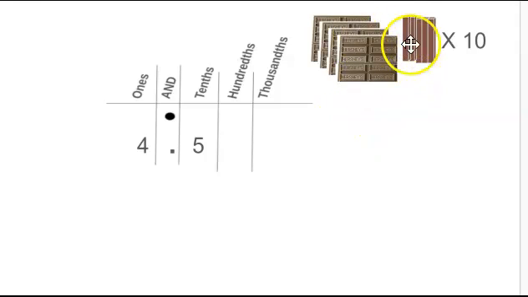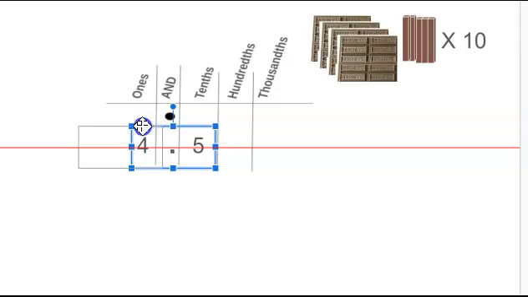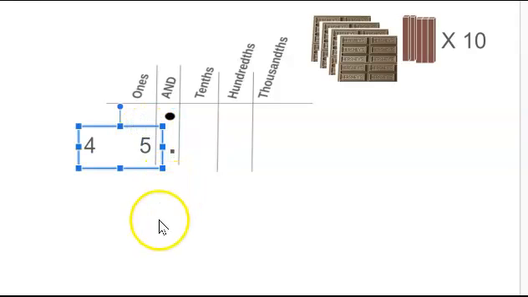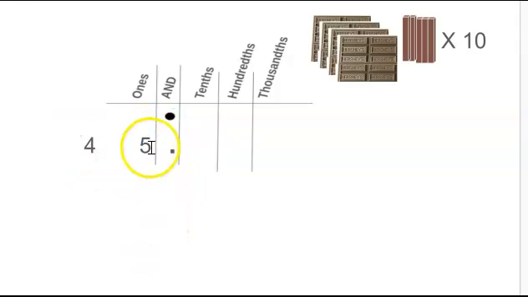We had 4 and 5 tenths originally, remember? And then we ended up with 45 when I multiplied it by 10. I made 10 sets of it. So what did I do? I took this and moved it over. Look, now I have 45.